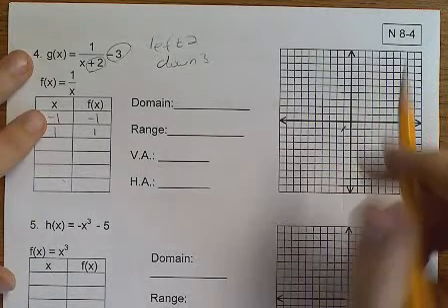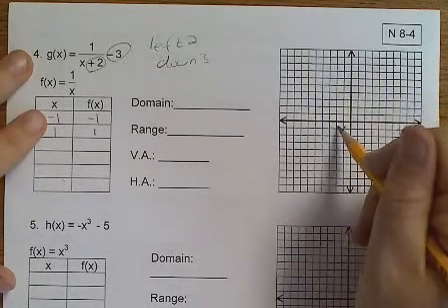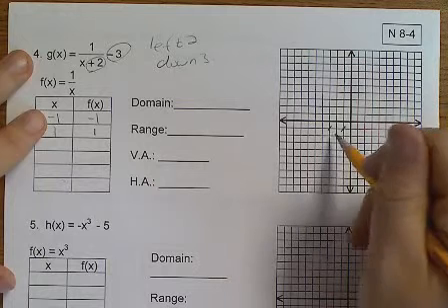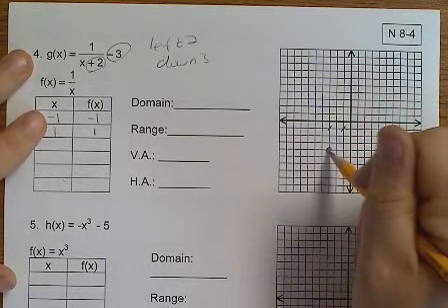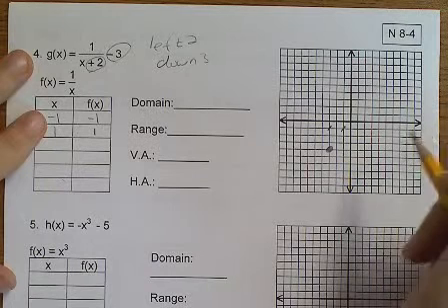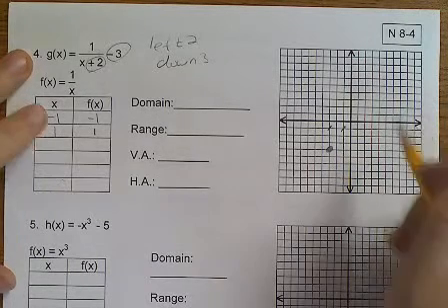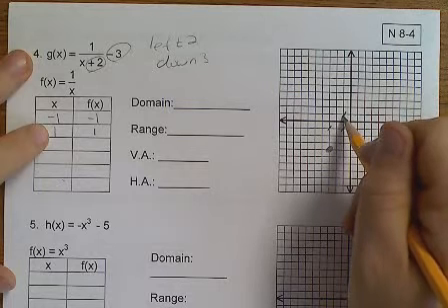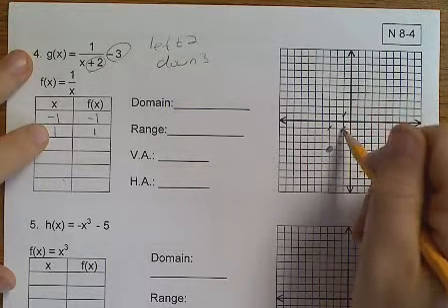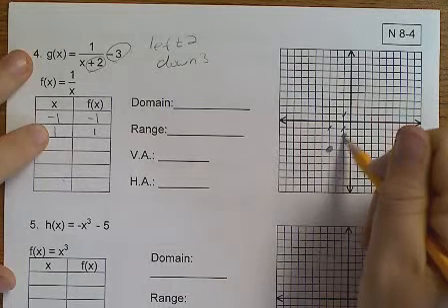We're going to move left 2, down 3. So that's our first point. Then we go to 1, 1, left 2, down 3. That's our second point.